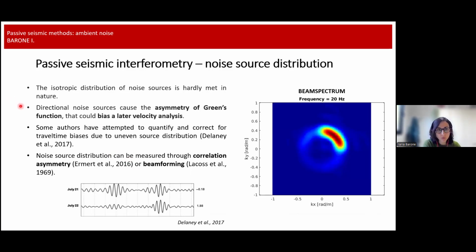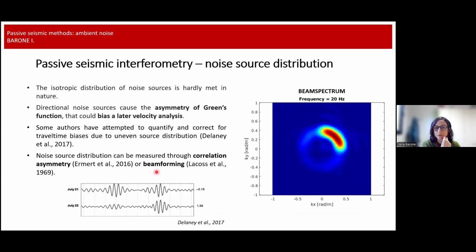But what we can do is to check which is the actual noise source distribution. And we have different possibilities to do that. Either we somehow measure the symmetry of the cross correlation function, or as in this case here, we compute what is called a beam spectrum.